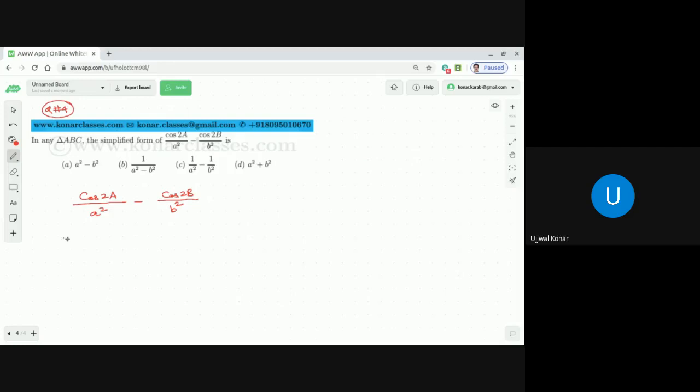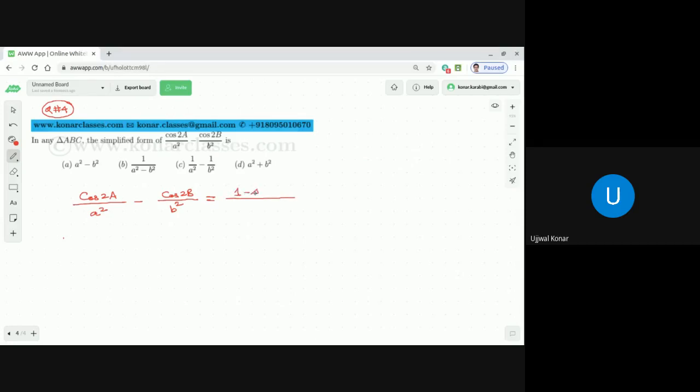So from here, we cannot carry cos 2A because there is no formula we are aware of as long as the properties of triangles are concerned. But we can apply the formula of trigonometric functions, dear students. So what is cos 2A?